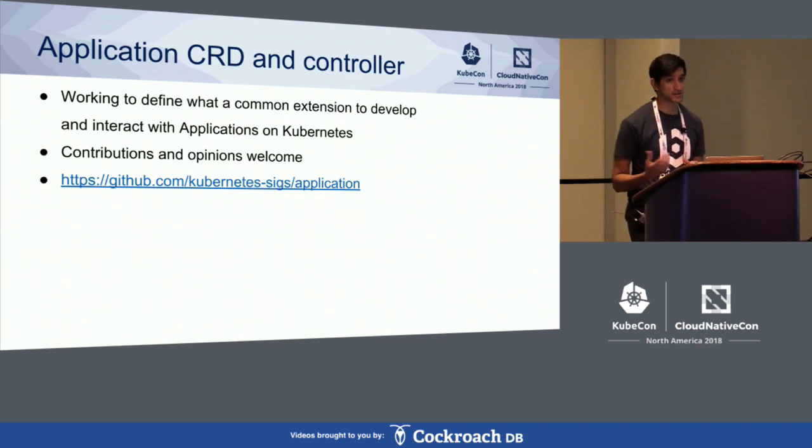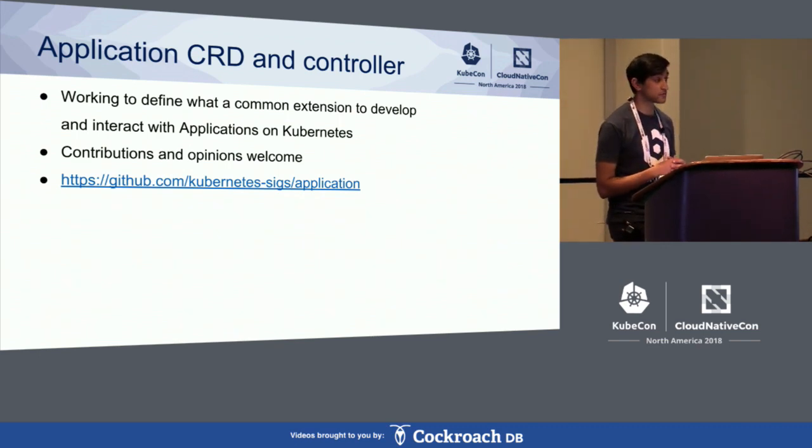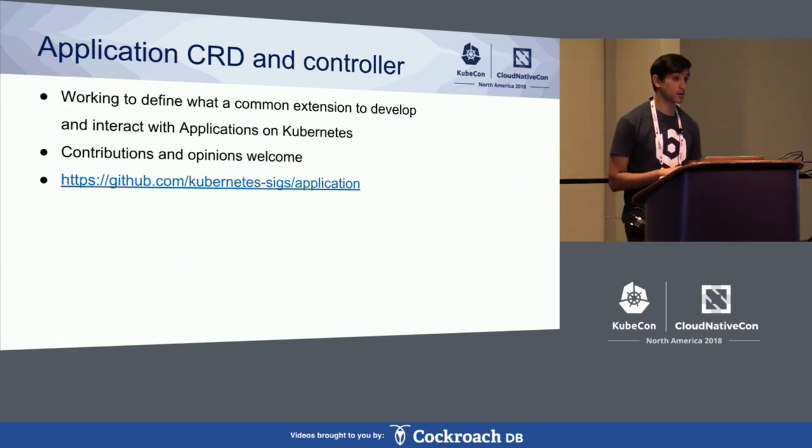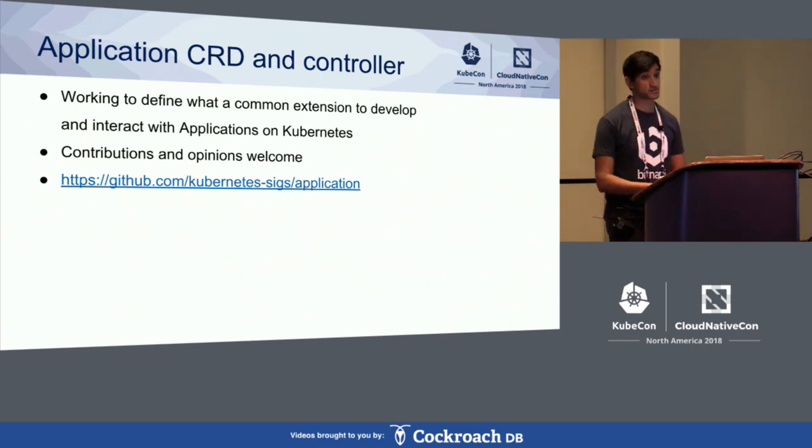So it's kind of metadata, plus the controller is going to be responsible for gathering aggregated health metrics about the application, and also managing garbage collection. So when the application kind gets deleted for that particular application instance, the garbage collector will go and clean up all the other resources. But it won't be responsible for actually deploying those applications in the first place.